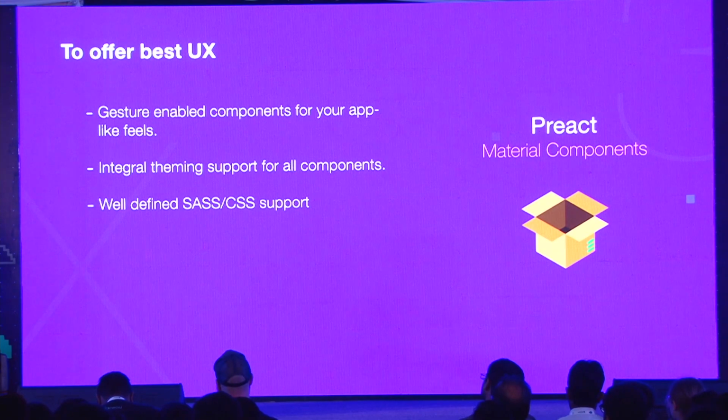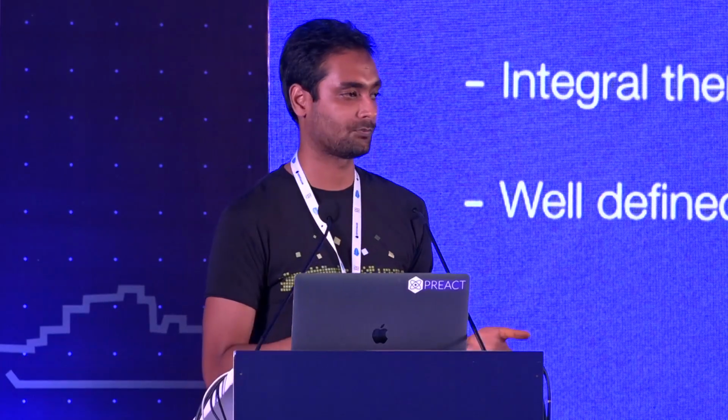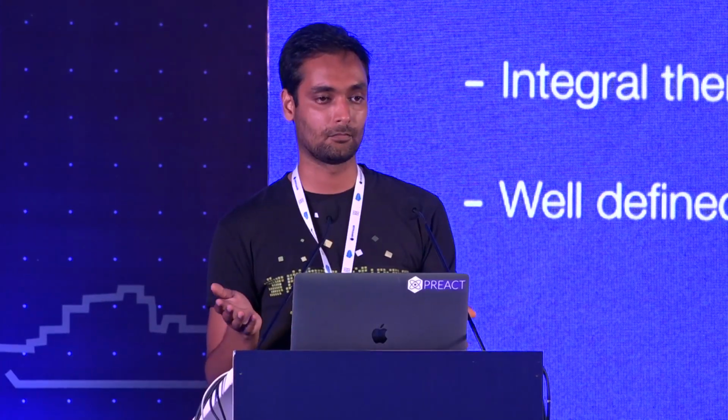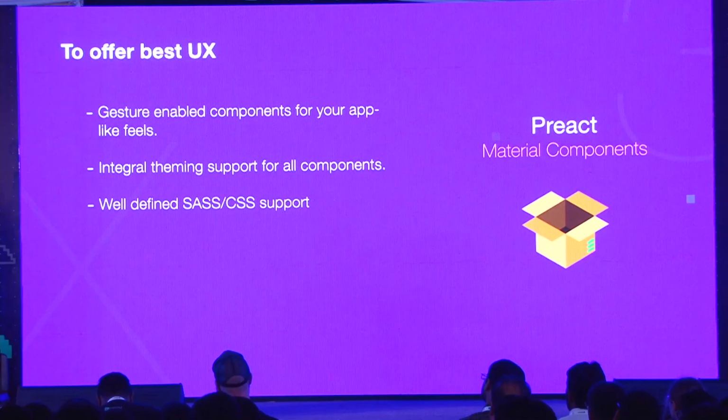To offer best UX, all these components will have all modern gestures enabled for them. There will be an integral theming support so that your team does not have to spend hours for that dark theme feature request from your product manager. There will also be a well-defined Sass and CSS support, so it can align well with your tech stack.